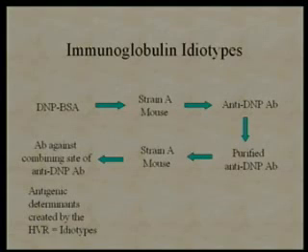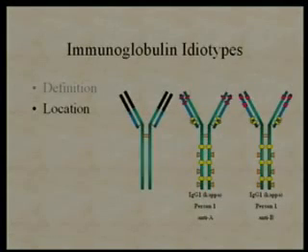All right? Okay, so where are they going to be located on the immunoglobulin molecule? Well, obviously, they're going to have to be in the variable region, right? Because that's where the hypervariable regions are found. They're going to be up in the variable region of the heavy chain or the variable region of the light chain is where you're going to find the idiotypic determinants.